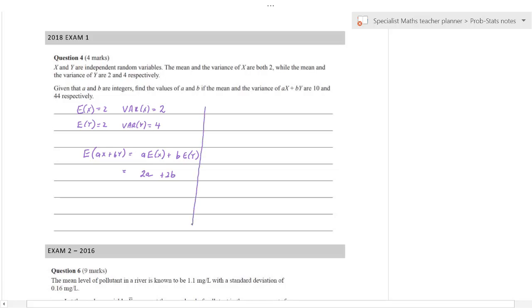Alright, so that sounds okay so far. Now it says that the mean and the variance of AX plus BY are 10 and 44 respectively. So the mean, and therefore we can say that 2A plus 2B is equal to 10.